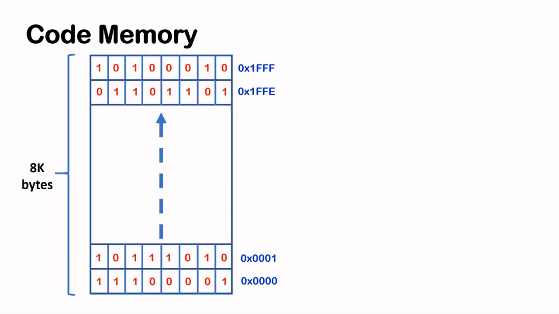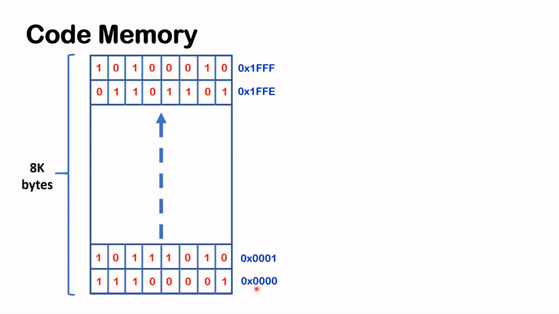Code memory. The code memory of the 89S52 consists of 8K bytes, and each location's address is a 16-bit address.